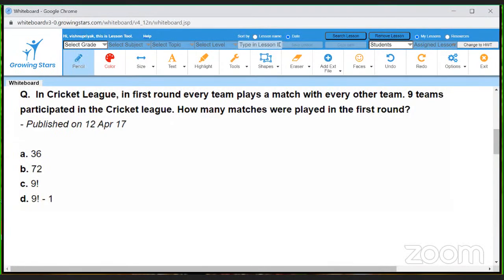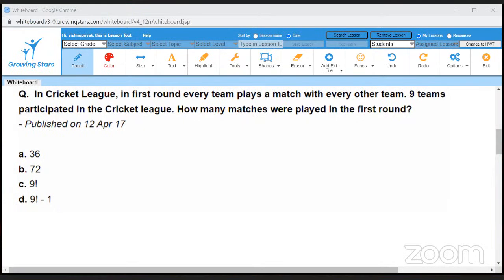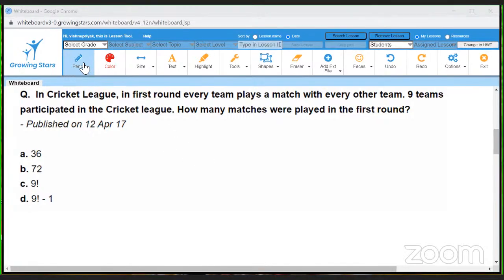In a cricket league, in first round, every team plays a match with every other team. 9 teams participated in the cricket league. How many matches are played in the first round? So total there are 9 teams. To play the match, we need 2 teams.